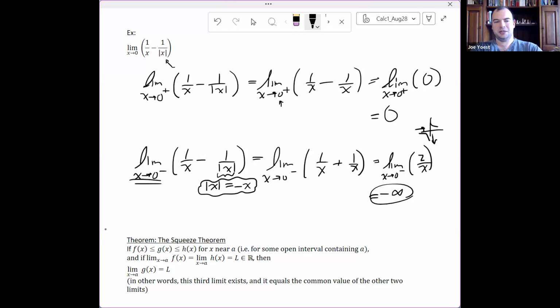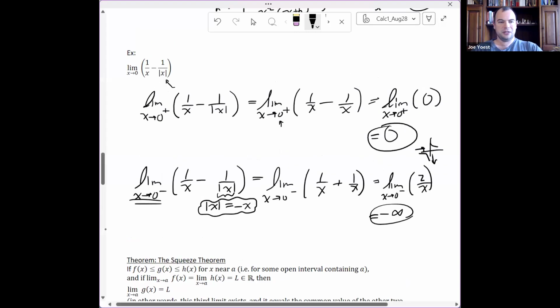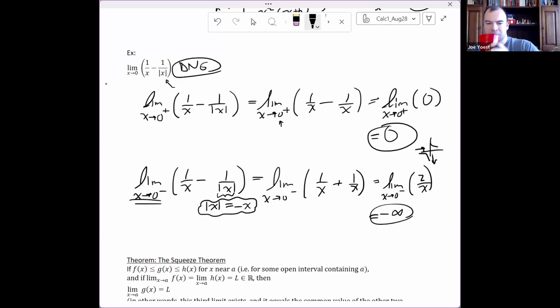Therefore, that limit is -infinity. The limit from the right is 0. The limit from the left is -infinity. The overall limit does not exist. Any questions so far?